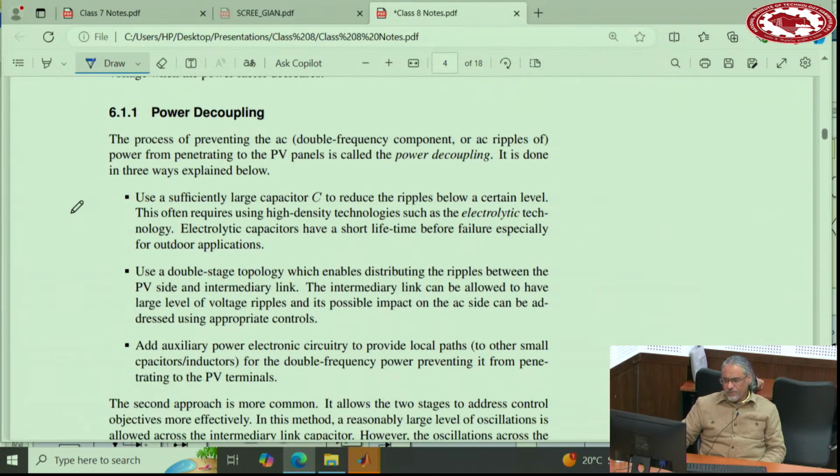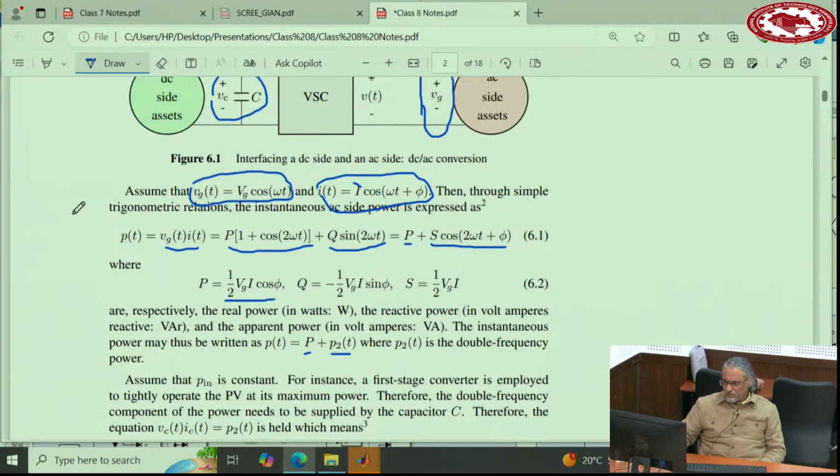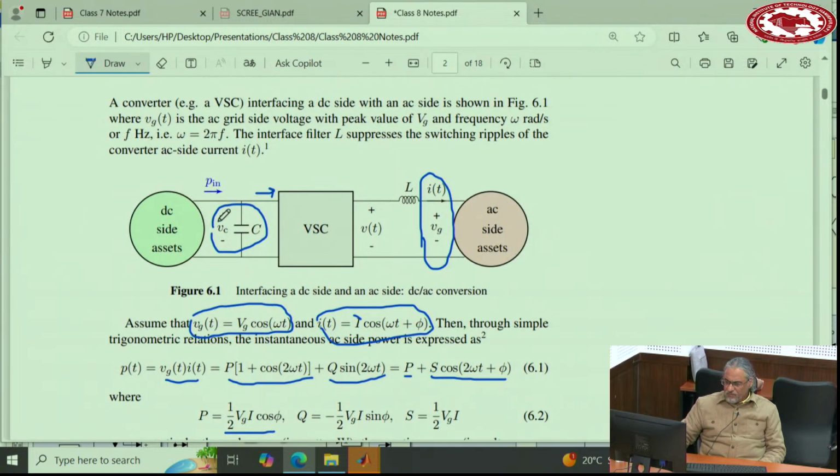Now, power decoupling. Power decoupling means, if I have pulsations here, and if I have a PV panel here, right? So these voltages go across the PV panel.